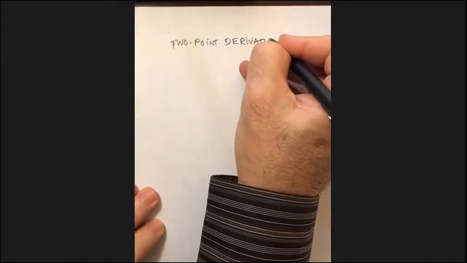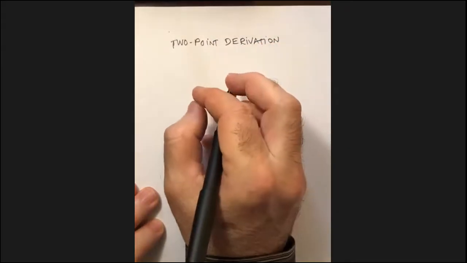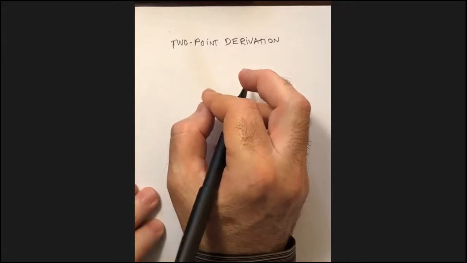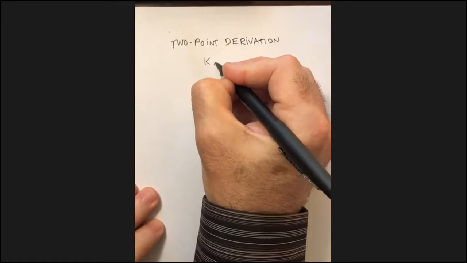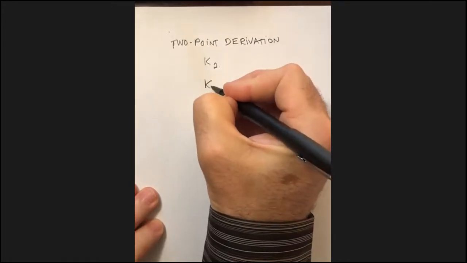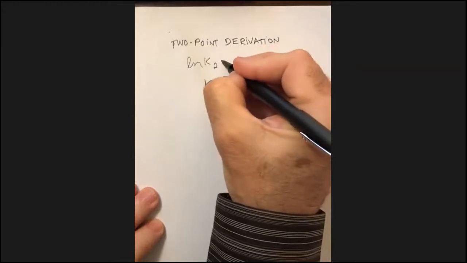And you'll see where I'm heading here in a moment. Let's say that you have the equilibrium constant at 2 different temperatures. So let's say K2 versus T2 and K1 versus T1. So let's write out the equation we just derived earlier.